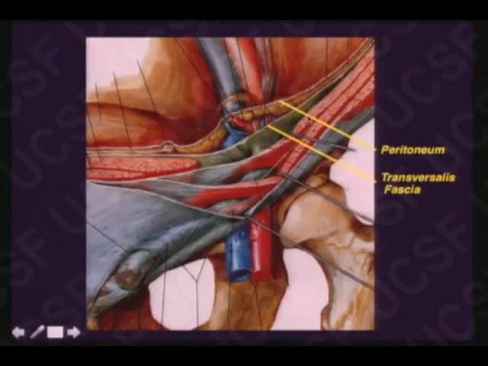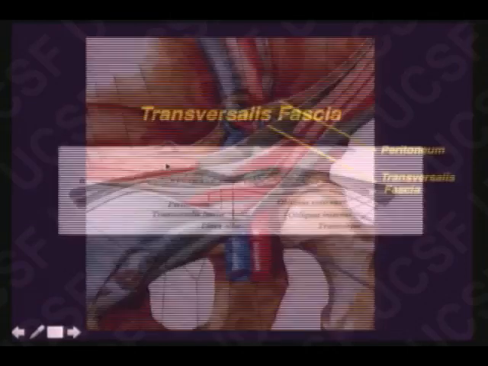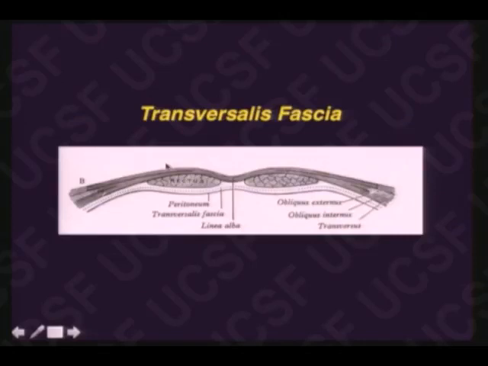Once you dig through the muscles, you find the transversalis fascia. Then there is some fat, the properitoneal fat, and then, of course, the parietal peritoneum. So again, start anywhere on the abdomen. If you want to find the transversalis fascia, you find it between the muscles you dig through and the parietal peritoneum.